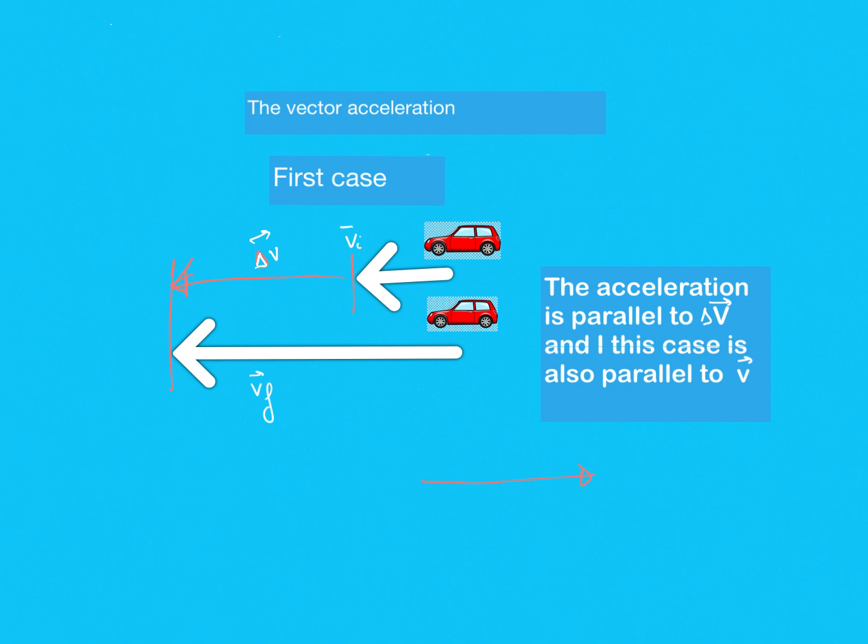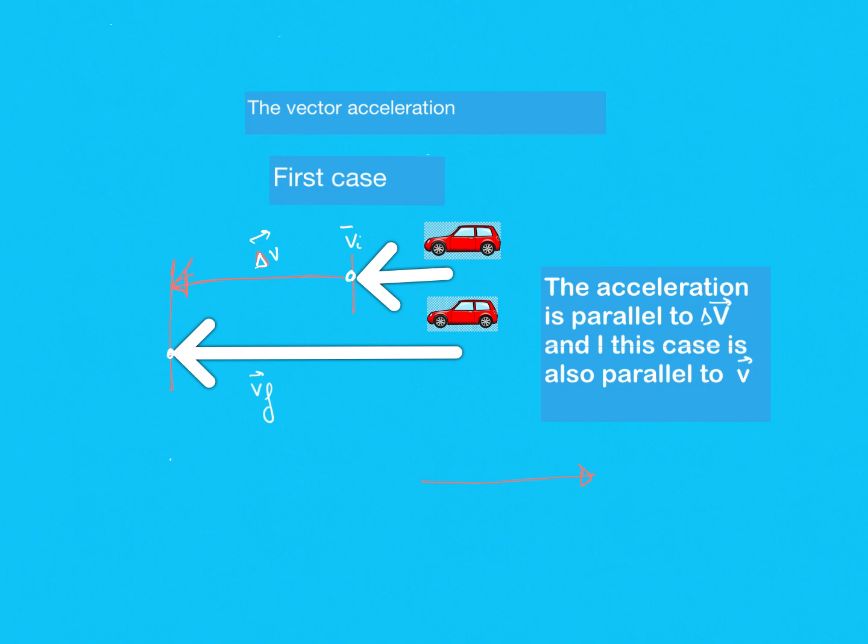The acceleration is parallel to the velocity, so the acceleration is the change in the velocity divided by the time elapsed between the situation when the object was at velocity v_i, maybe 100 meters per second, and the time when the velocity was 200 meters per second.